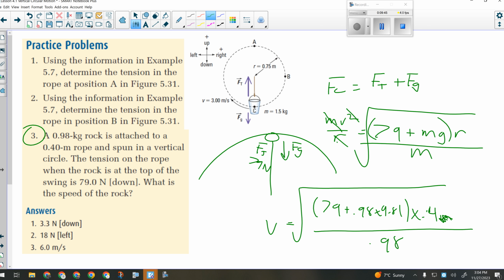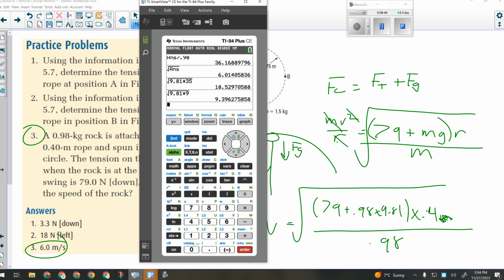When we punch it in, we should get 6 meters per second. 79 plus 0.98 times 9.81 times 0.4 divided by 0.98. 6 meters per second. Okay, making sense?